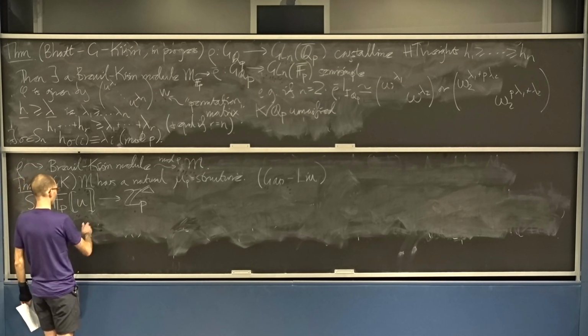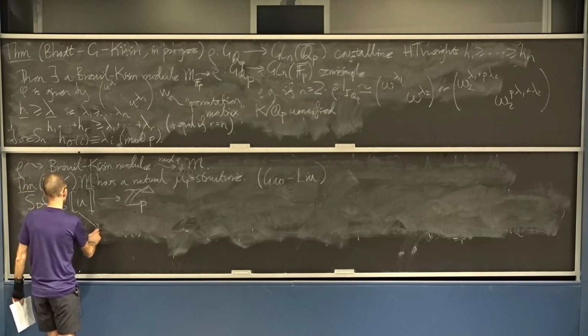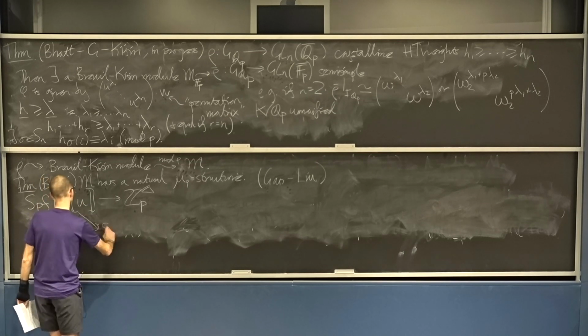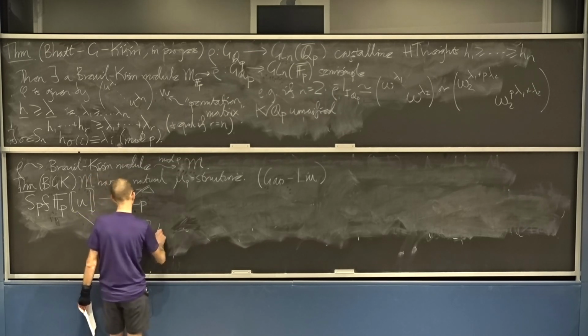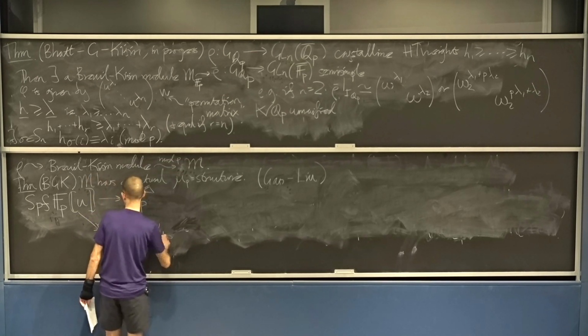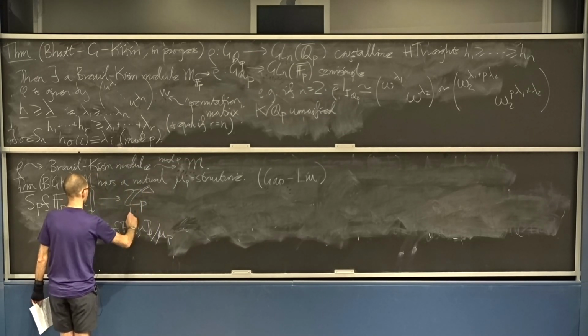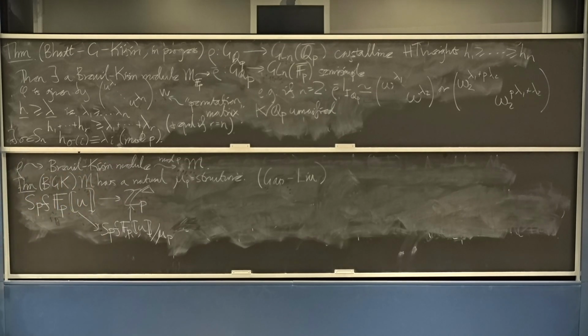And what we actually prove is that this map factors through its quotient by a mu_p. So there's a mu_p action on this, and we prove the existence of a factorization. And the way that mu_p acts is very simple.